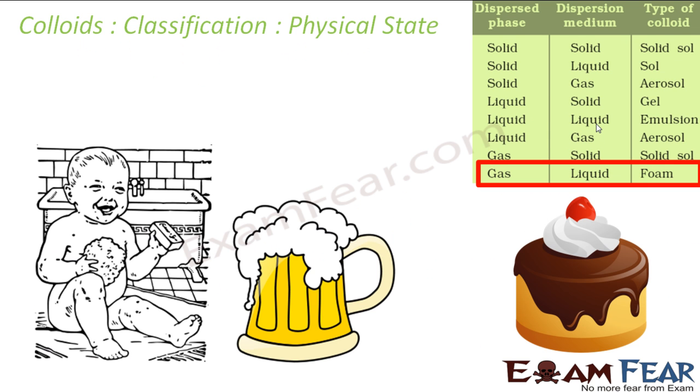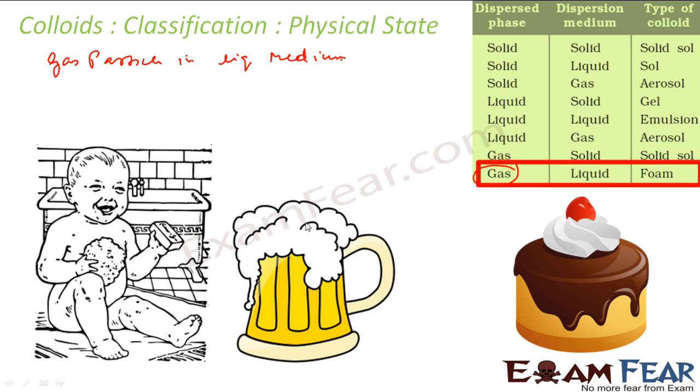Next, let's talk about the next kind of colloids where you have gas particles in liquid medium, and they are called foam. The foam which you get in a cold drink, the froth actually, right?